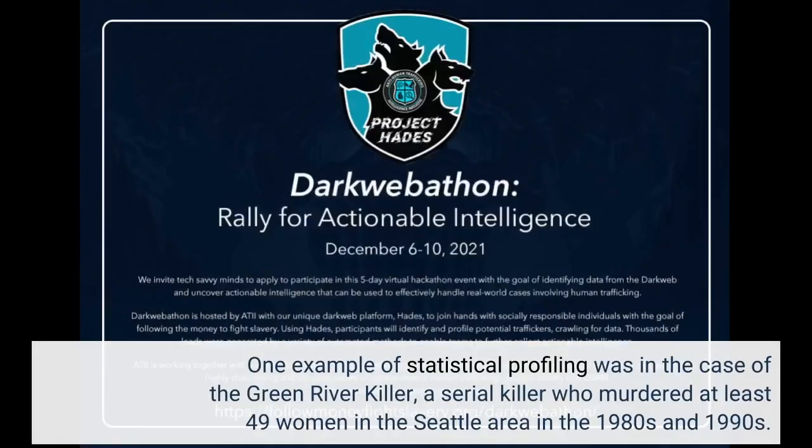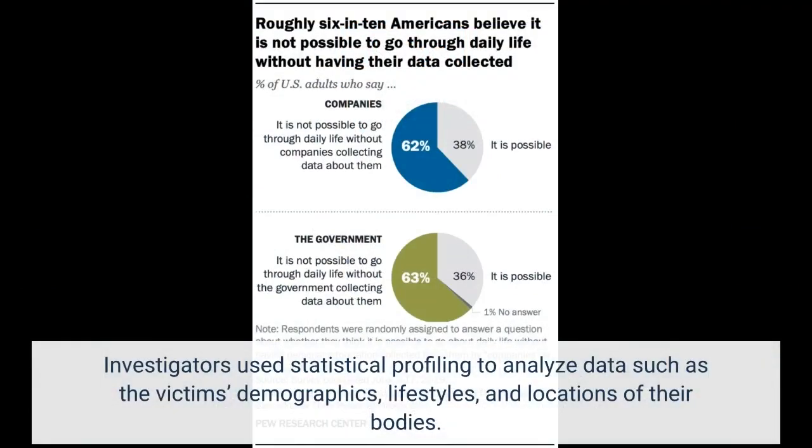One example of statistical profiling was in the case of the Green River Killer, a serial killer who murdered at least 49 women in the Seattle area in the 1980s and 1990s. Investigators used statistical profiling to analyze data such as the victims' demographics, lifestyles, and locations of their bodies.